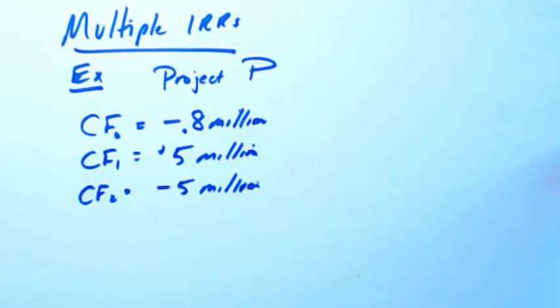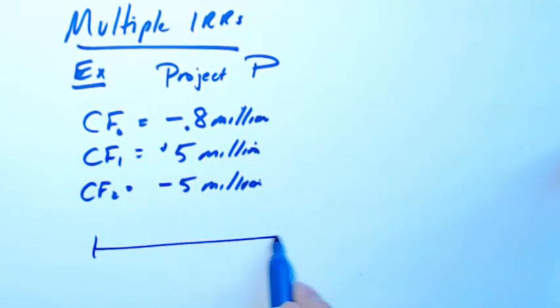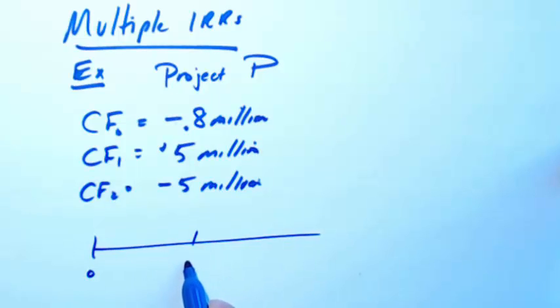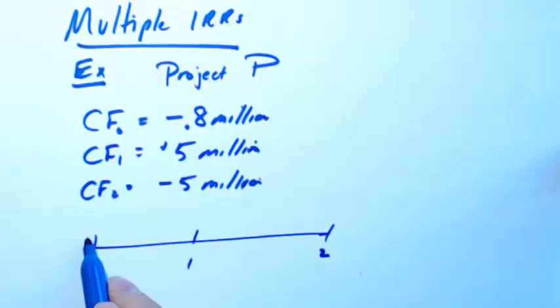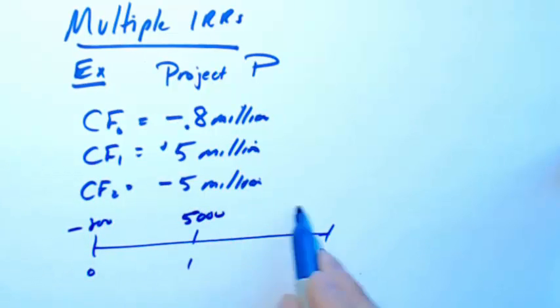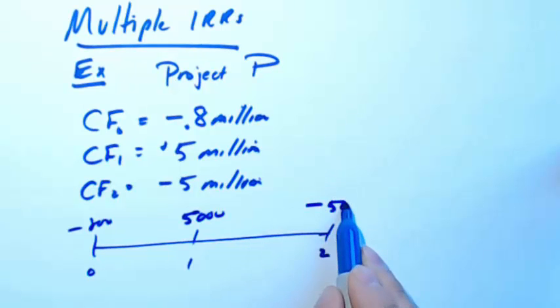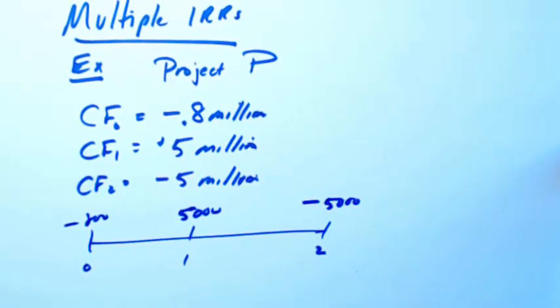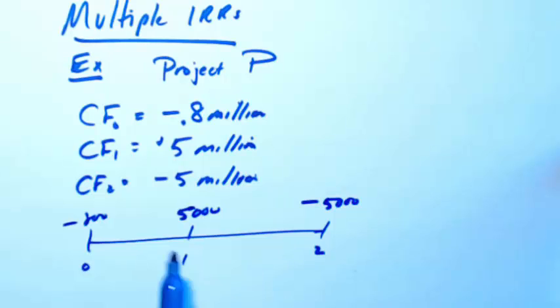Before we go further, let's do NPV, net present value, to get a handle on things. So we got minus 805,000, and then negative 5,000, everything here being in thousands of dollars, so add 3 zeros to everything.